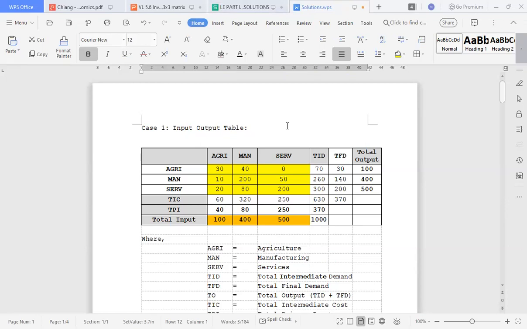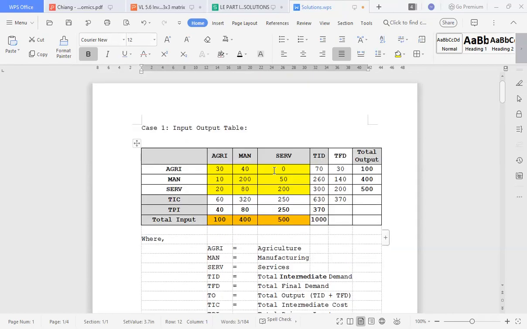Now, in terms of the process, class, there's no definite process because it will depend on what is given. If your given is similar to this one, wherein you still need to derive your coefficient matrix, we'll do a similar process.